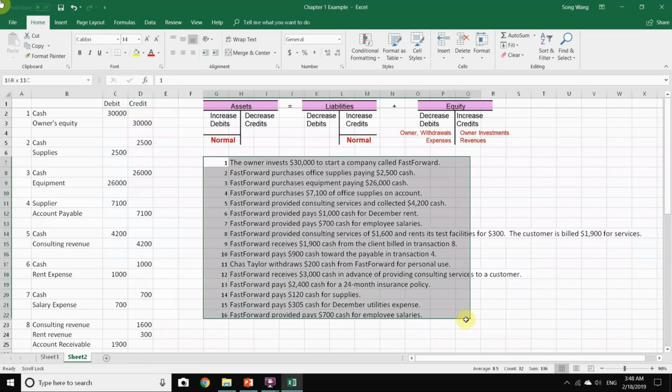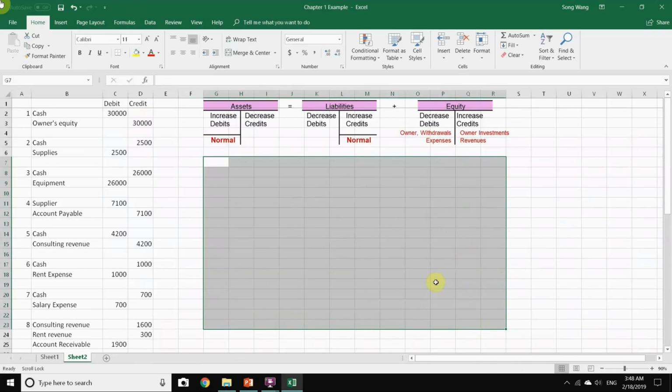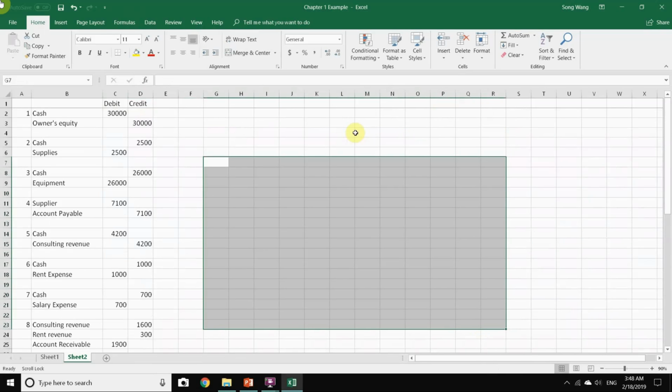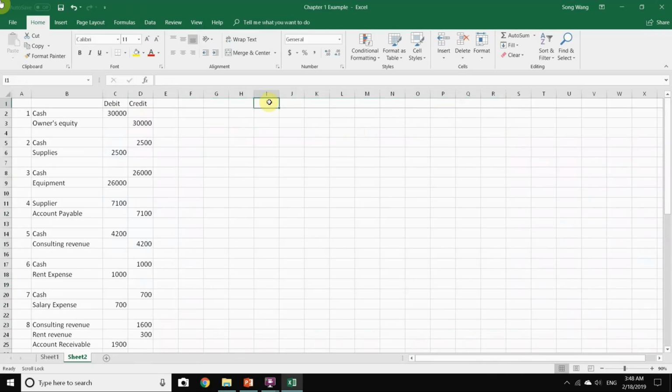So I'm going to delete this part because I'm not using it anymore, and also this part as well. So let's say for the general ledger, you should have total assets, and you should have total liabilities, and you should have total equity.